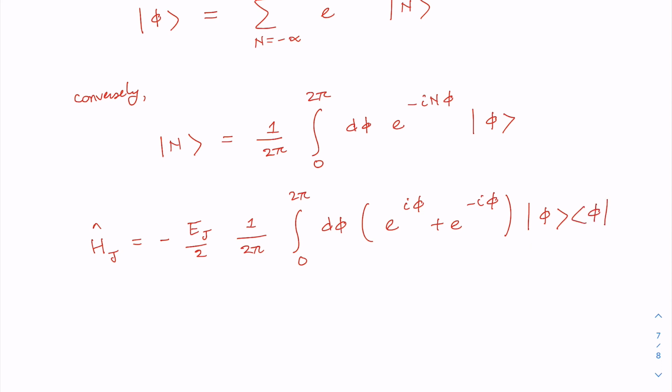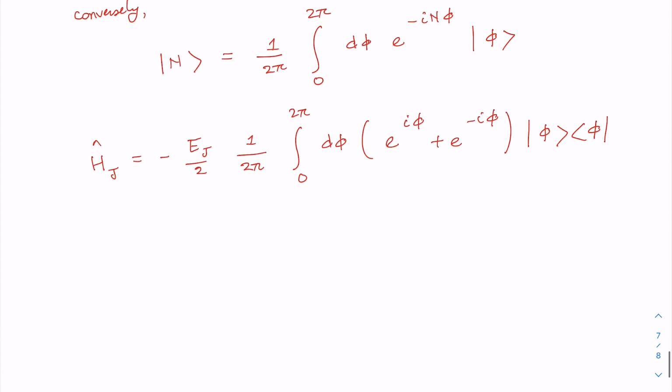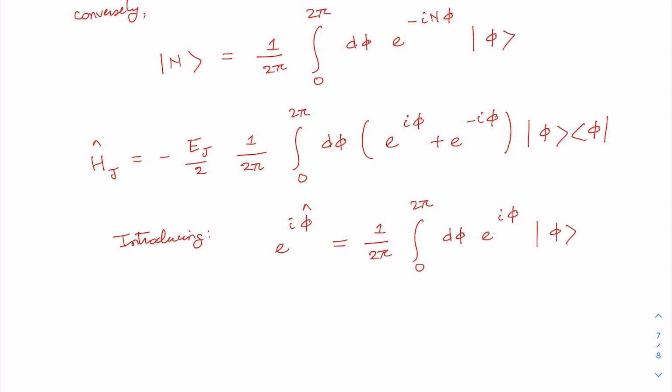So we can introduce a new operator, e to the power i phi cap, which is equal to 1 by 2 pi integral 0 to 2 pi d phi e to the power i phi ket phi bra phi.